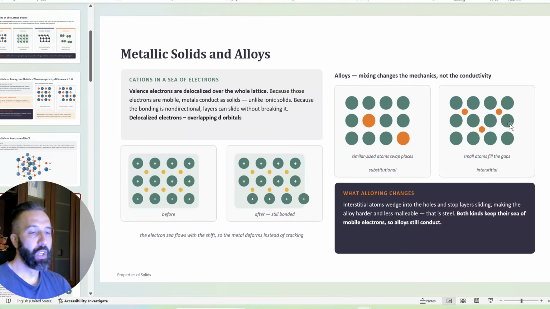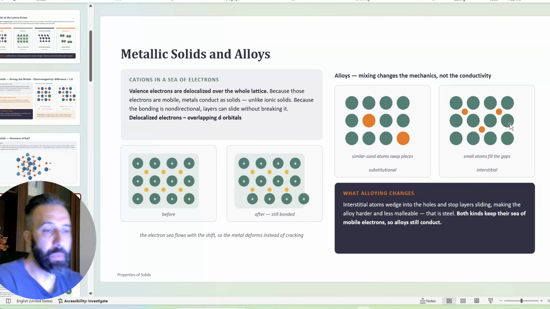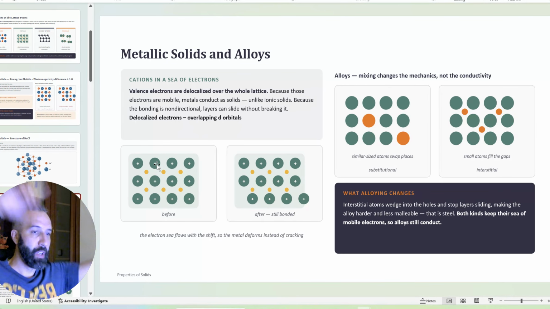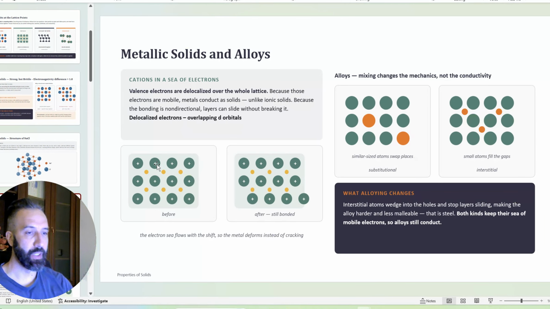What is special about transition metals, as we discussed before, is that they have d orbitals, and d orbitals are much bigger than s and p orbitals, which means there will be multiple overlaps. Each of these ions will overlap with multiple ions around it. So let's say I have iron, Fe, and iron likes to release two electrons, so you've got Fe2+.